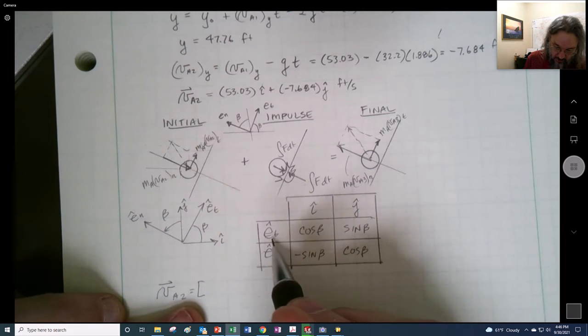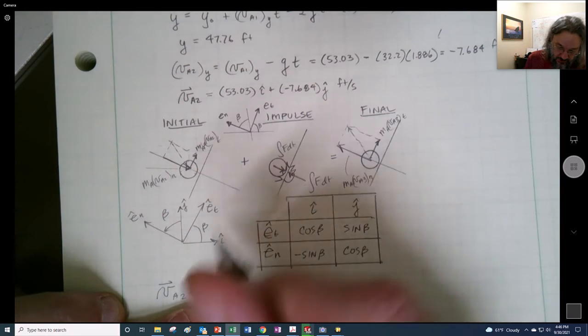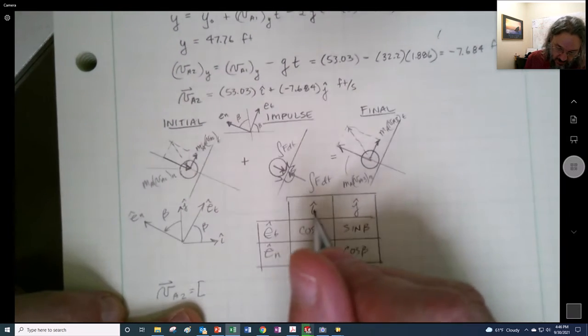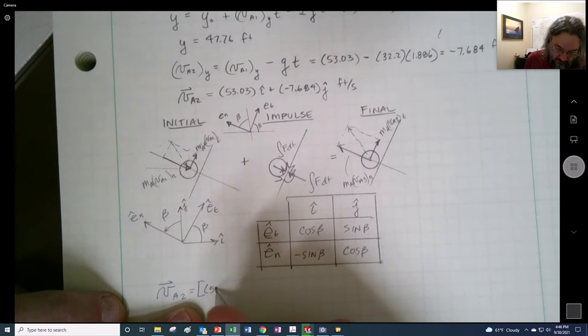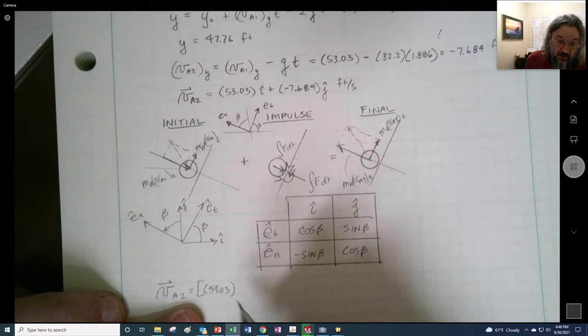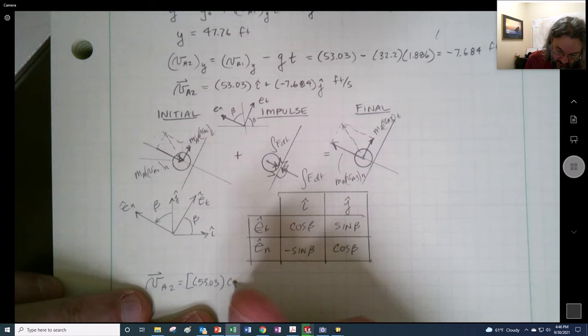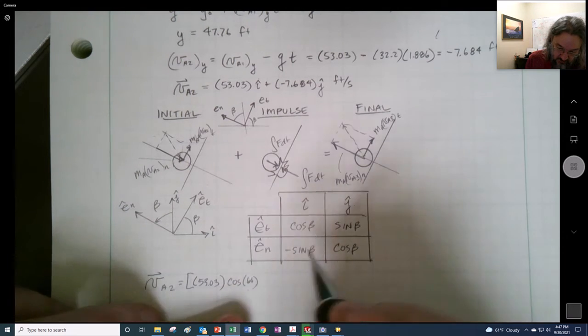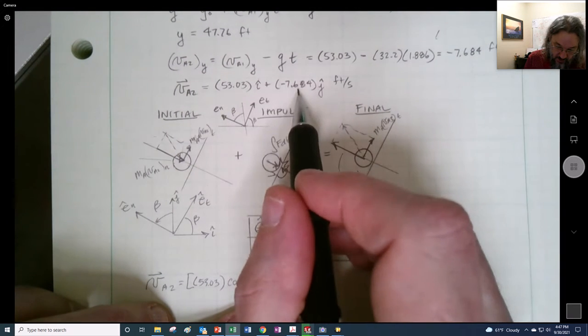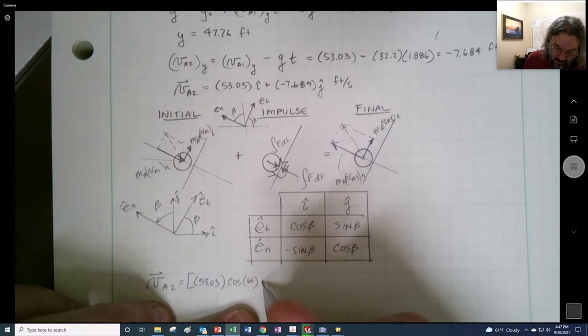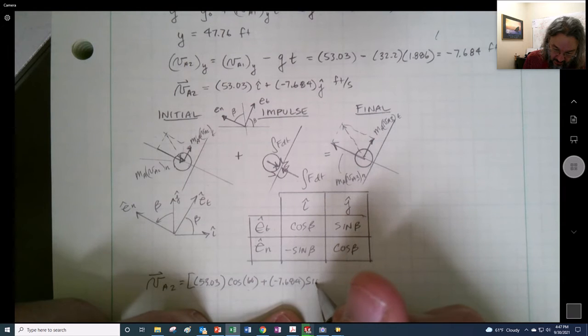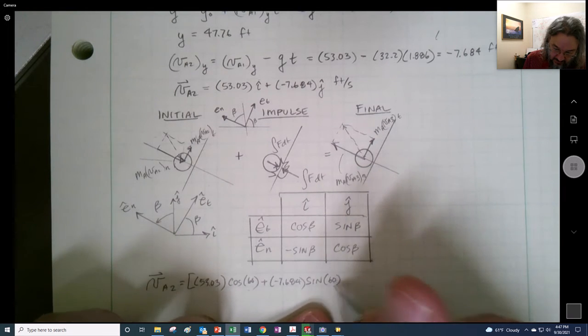I'll start out with the tangential coordinate. So I take my I, and that's 53.03, and multiply it by my cosine of 60. And then I'm going to take my J, and it's a negative 7.684, and multiply it by my sine of 60.